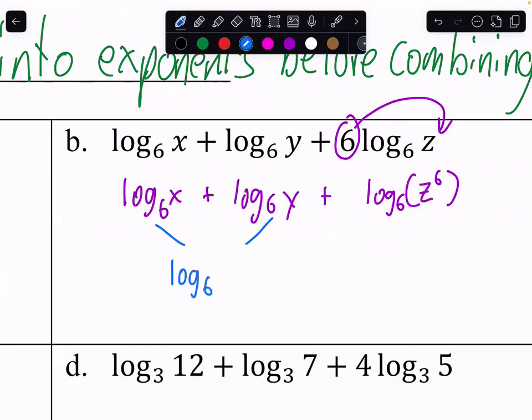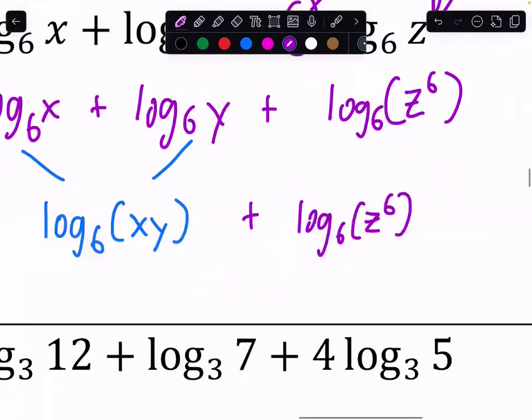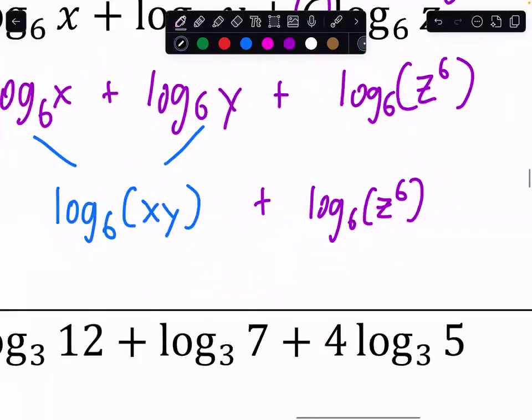You would keep the log base 6, and then you'd multiply x times y, which is xy. Okay, and now that we're here, we can repeat, because you're still adding, so you take the first argument times the second argument.